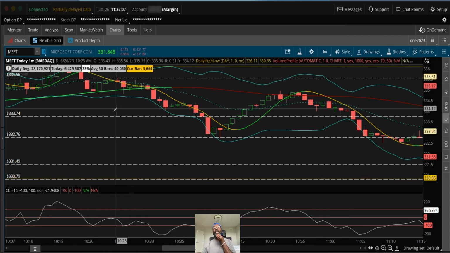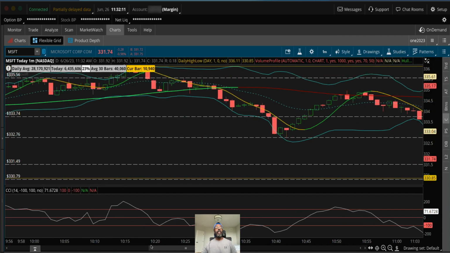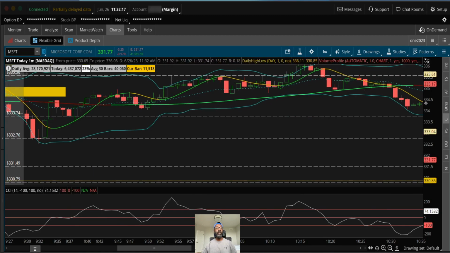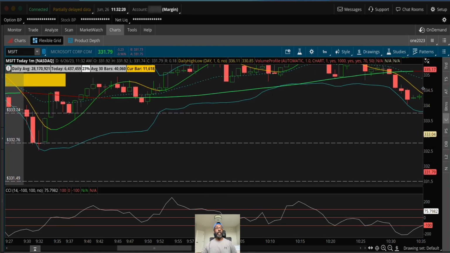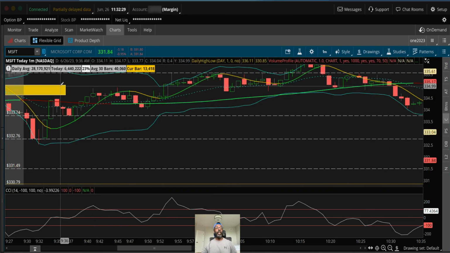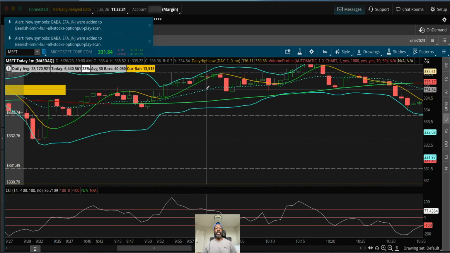I sent this one out around 10 o'clock because I wanted to wait and see where the box was. You can see the box right here, drawn in pre-market. Microsoft was just up and down, bouncy all around the place. I waited because if you extend the box over here, you'll see it just broke outside of the box.